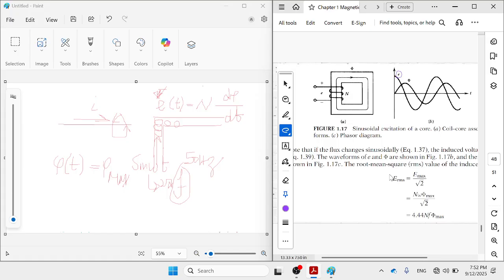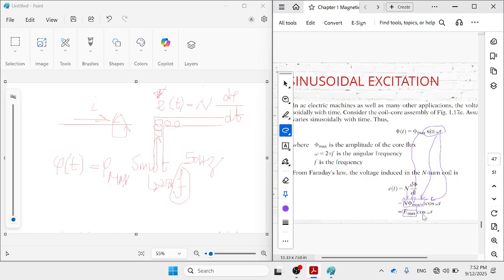So what is the voltage? The voltage we use, how we call it, 230 or 240 or 220, whatever you call it, okay? The voltage you use, how we call it? It is VRMS. So here we call it ERMS. No worries, later we change it to VRMS, okay? This is based on Faraday's law, okay? So Emax, what was Emax?